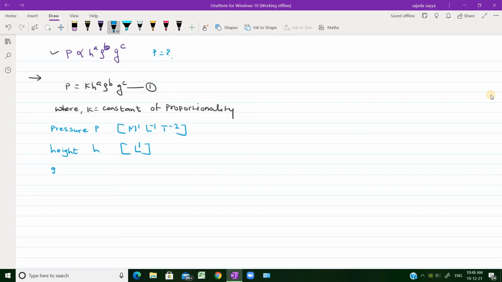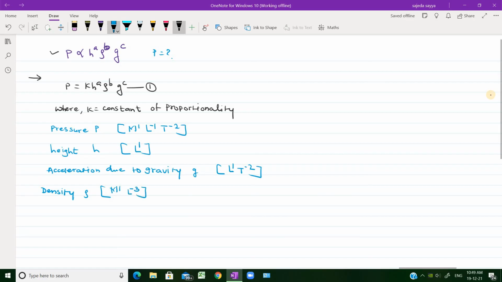G, the acceleration due to gravity, small g, that is meter per second square, L1 T raised to minus 2. And density rho, it is volume density, so kg per meter cube. So it is M1 L raised to minus 3.